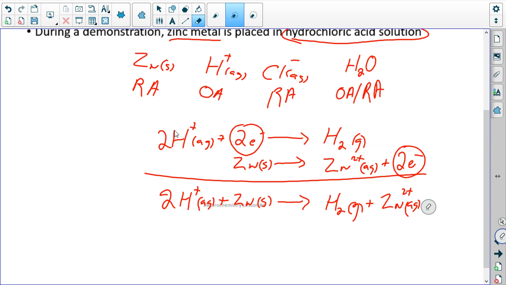And the last step is we go back to our table and we find that this is a spontaneous reaction.